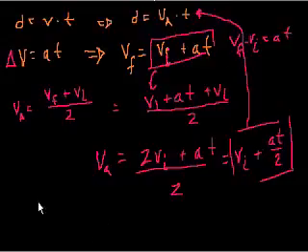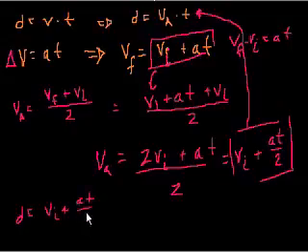So we can say that distance is equal to the average velocity. Well, that's this: Vi plus AT over 2, times time.